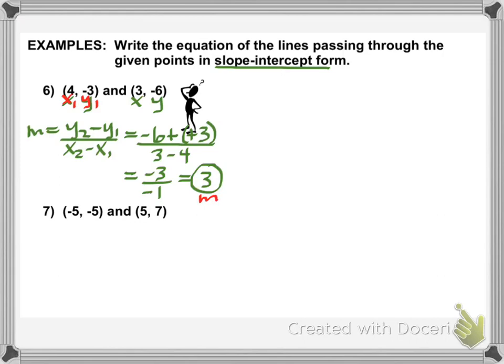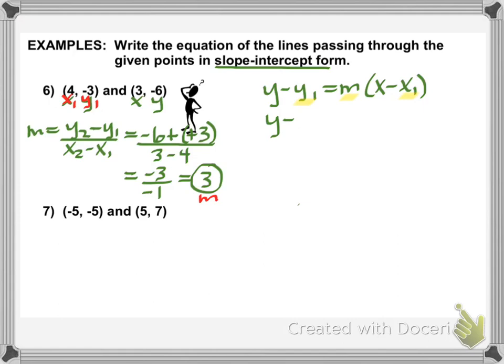All right, so let's go ahead and do what we did a minute ago. Y minus y1 equals m times x minus x1. Remember, we're just replacing the m, the x1, and the y1. This time we're using the m that we just found, which is 3. So let's replace this.